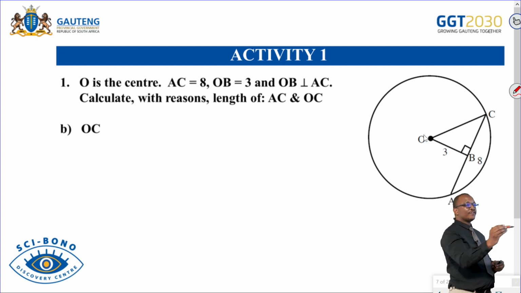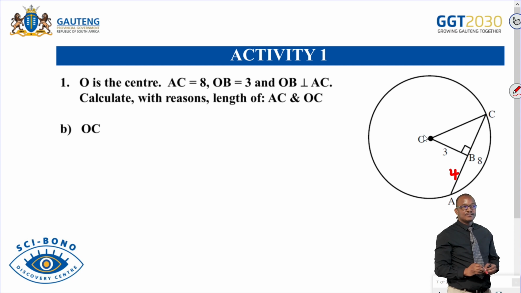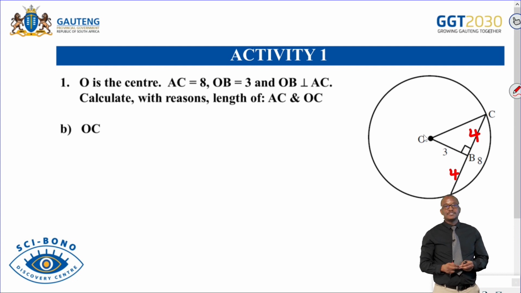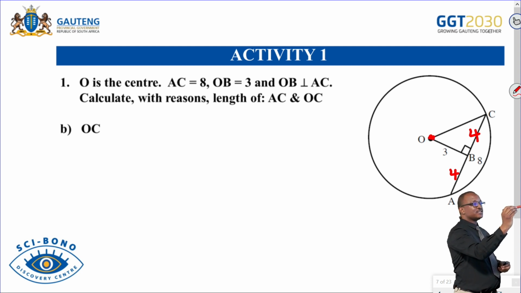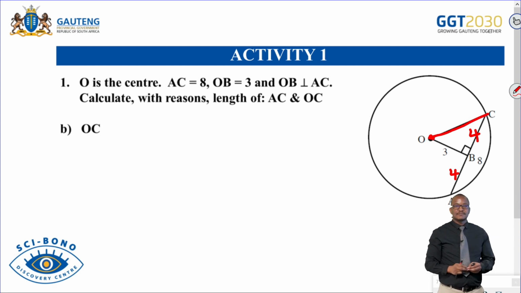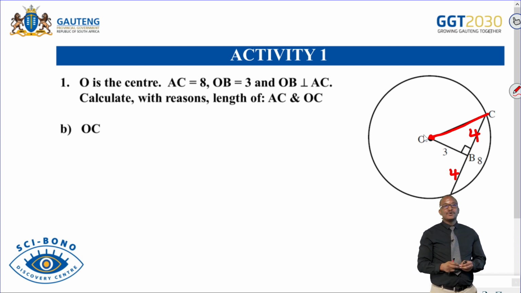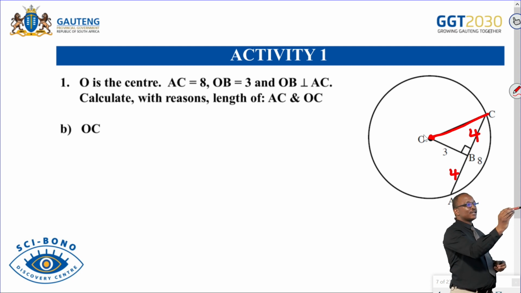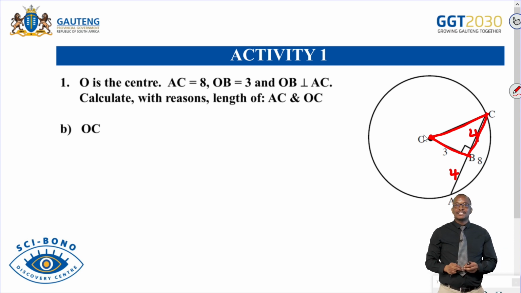But now we know from the previous slide that AB is equal to 4 and BC is equal to 4. Then now we have to calculate with reasons the length of OC. The length of OC there is the length of the radius. Correct. So how are we going to calculate the length of OC? You can see that we have a triangle there, and we must identify that type of triangle.